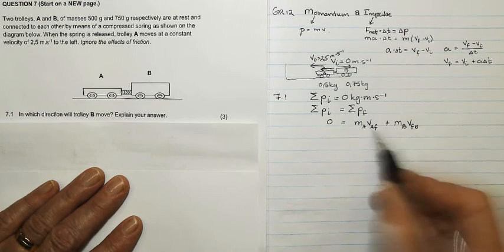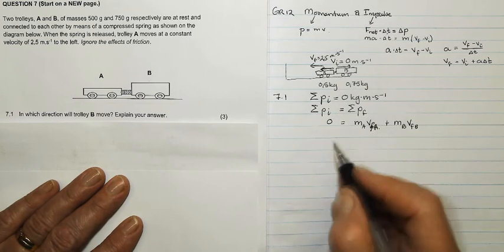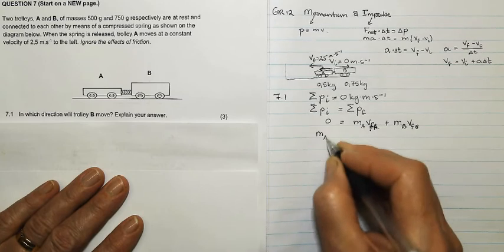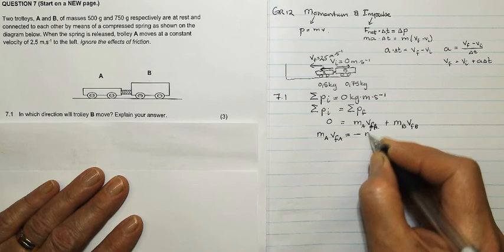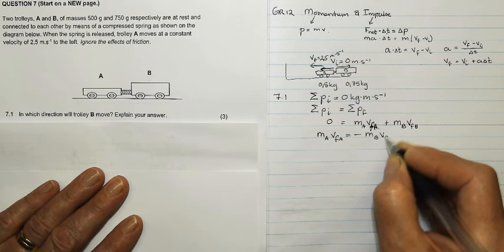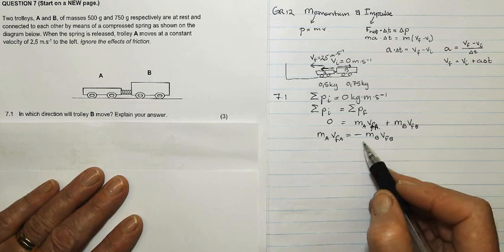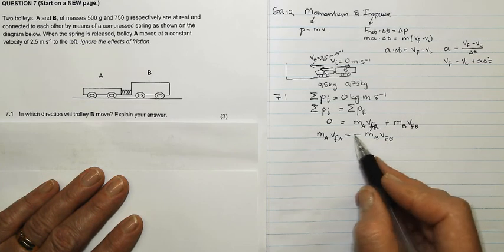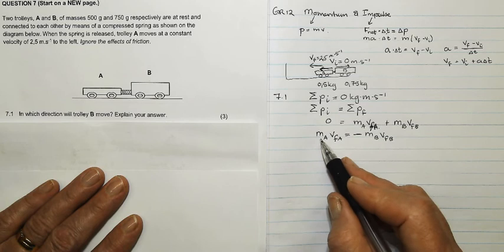Sorry for swapping the F and the A, it's the final velocity of A. If we do our mathematics correctly here, the mass of A times the final velocity of A will be negative the mass of B times the final velocity of B. Mass is a scalar quantity, and the negative here indicates that this momentum would be opposite in direction to that momentum.